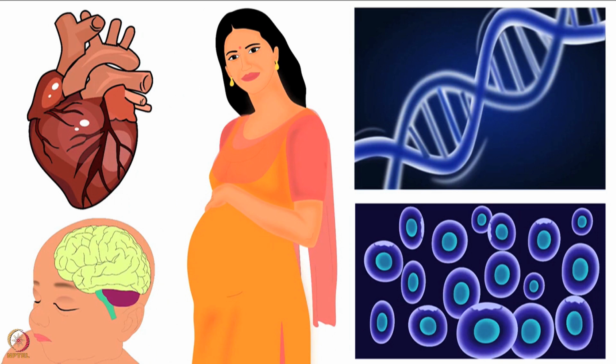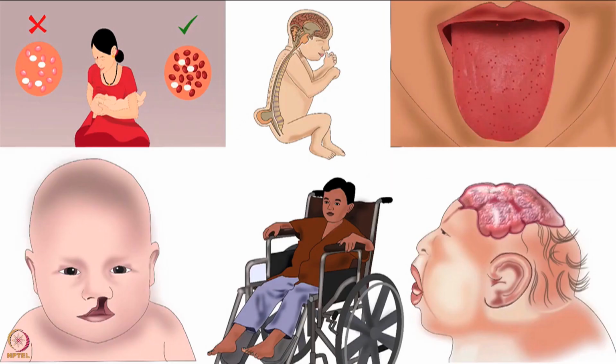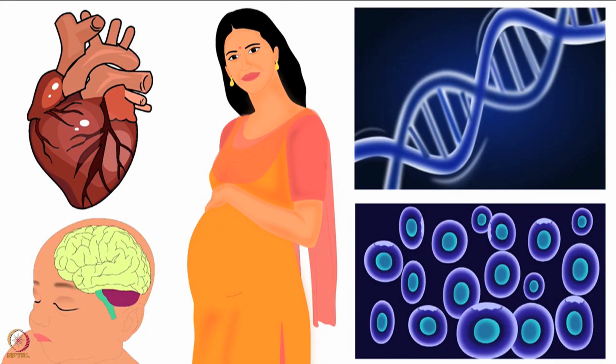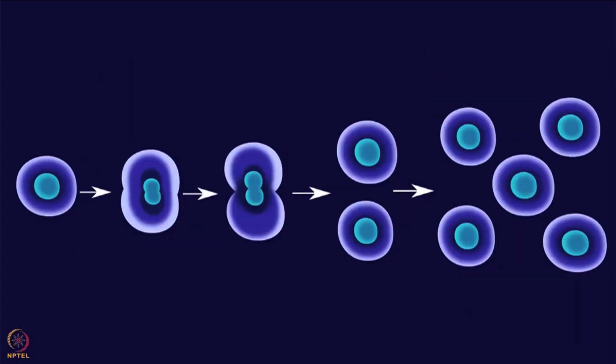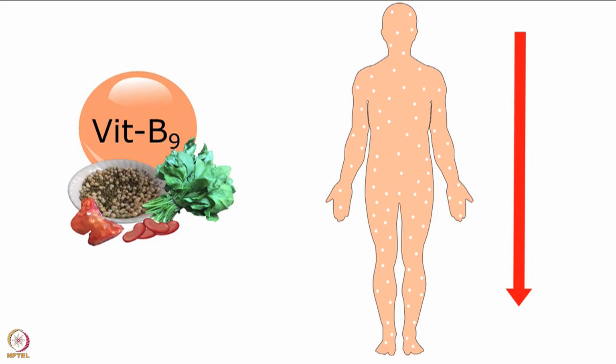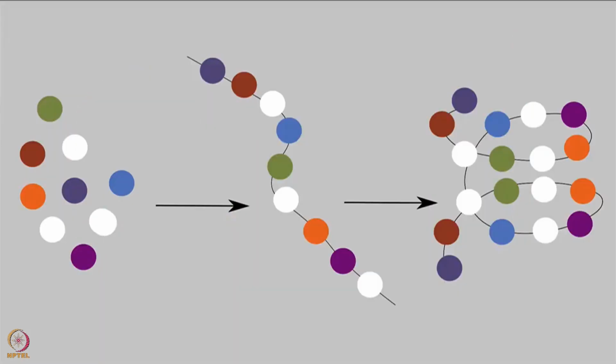We will now see the role of folate in our body and the effect of its deficiency. Folate is essential for various functions in our body. Our body needs it for growth, repair, division, and production of new cells. Folate helps in lowering the homocysteine levels.